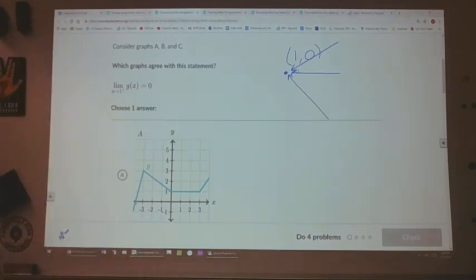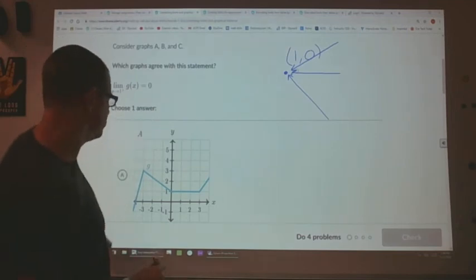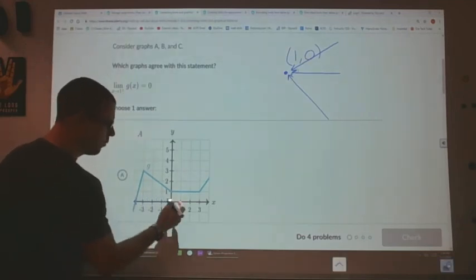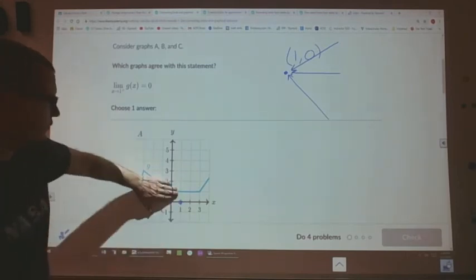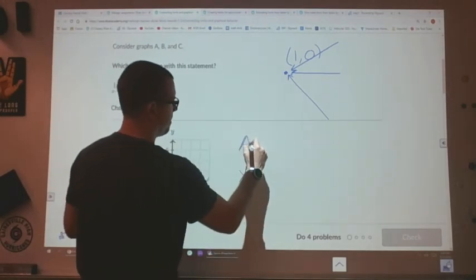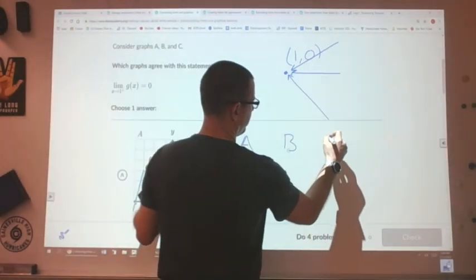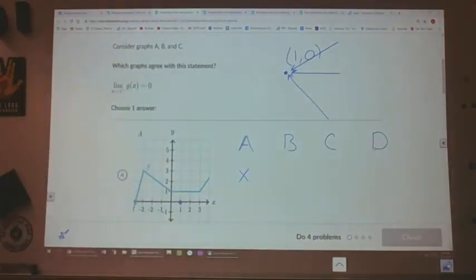So let's look at A. The point 1, 0, over 1 up 0, is right there. Is this graph approaching 1, 0 from the right? No, it's not. I'm assuming there are 4, so we'll see. So A doesn't work.